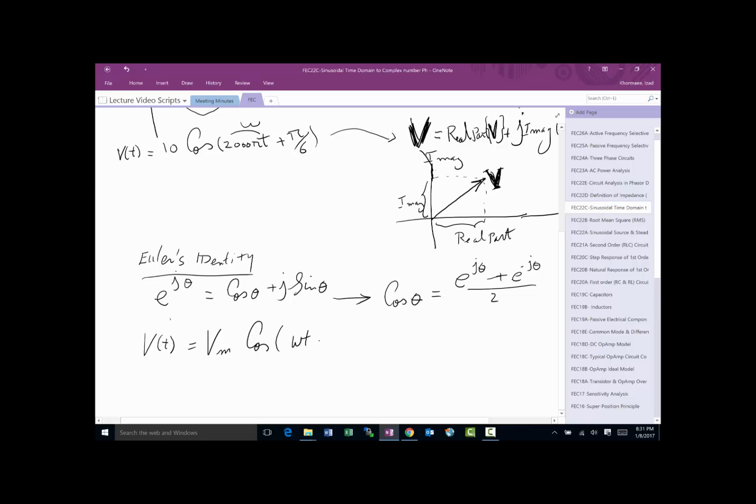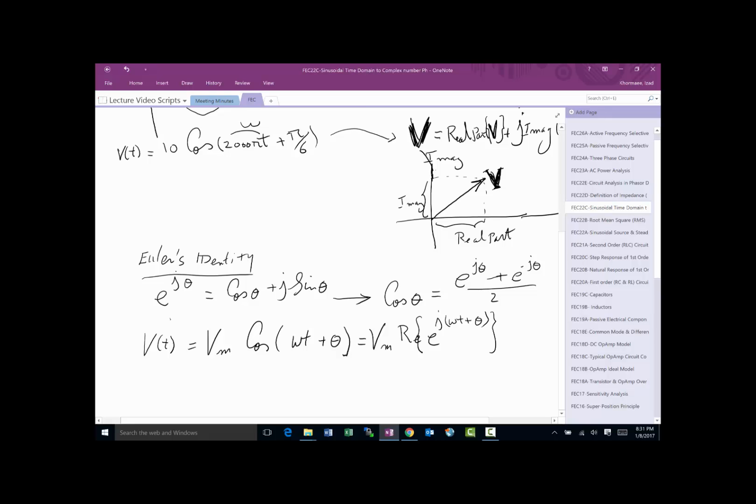This is the general form of writing a sinusoidal signal. That is going to be equal to Vm times the real part of e to the j omega t plus theta. So let me go back in here.